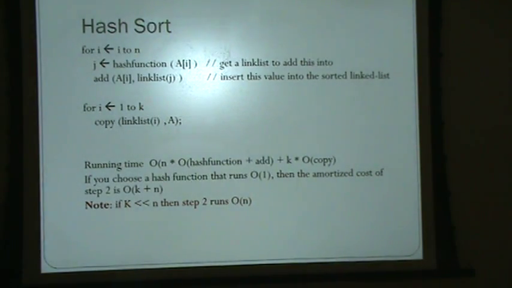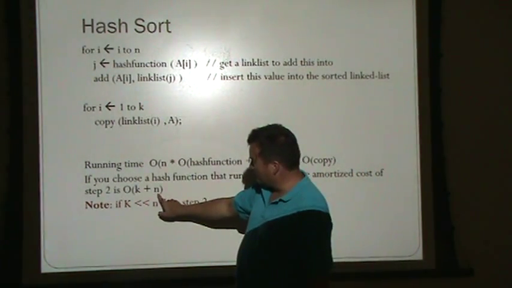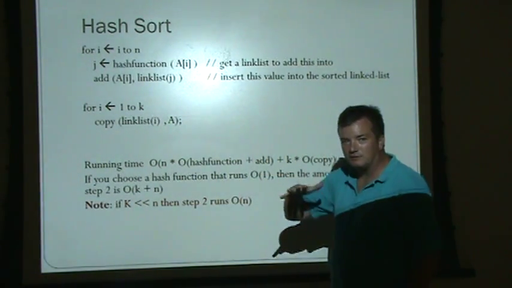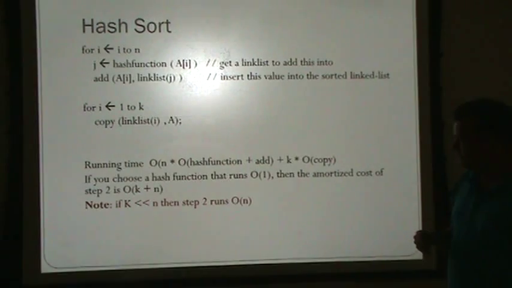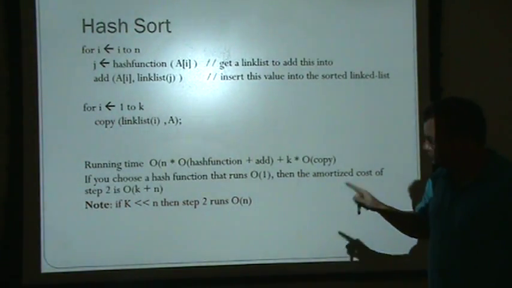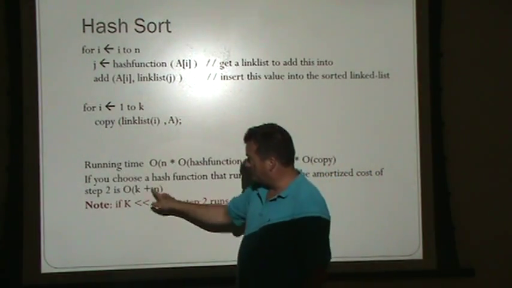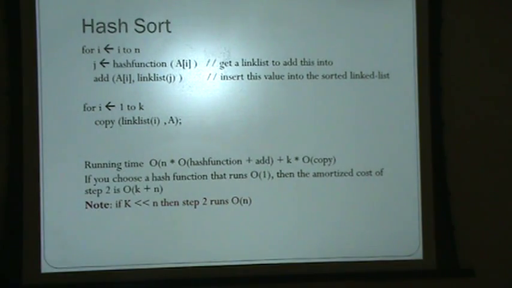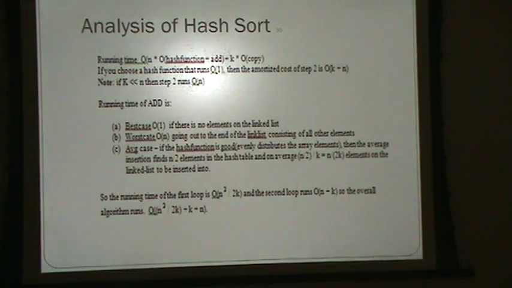Let's say for example we had 10,000 numbers and we used k of 1,000,000, which is a good choice for looking up elements. The running time would be 1,000,000 plus 10,000. So if you're using this for sorting purposes, it might not be the greatest algorithm, but a hash is a great structure to put something in for lookups.